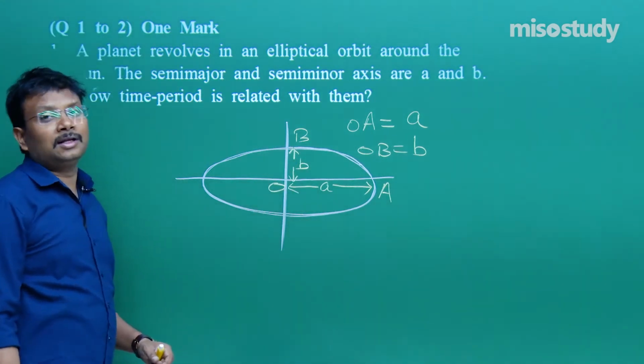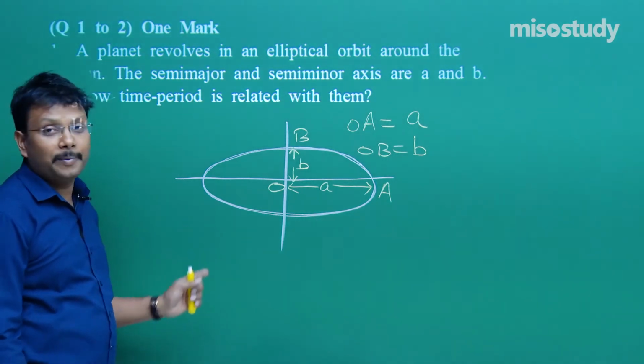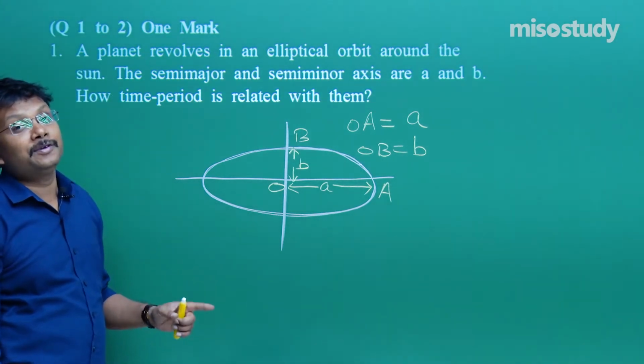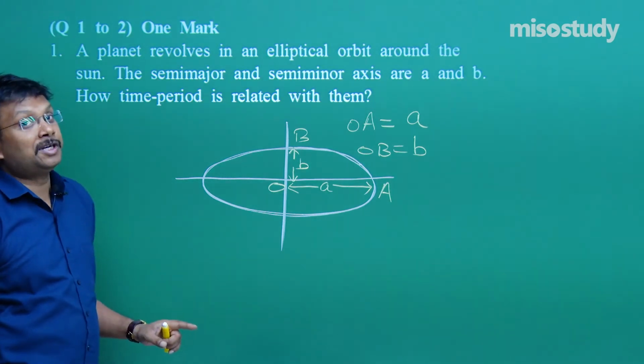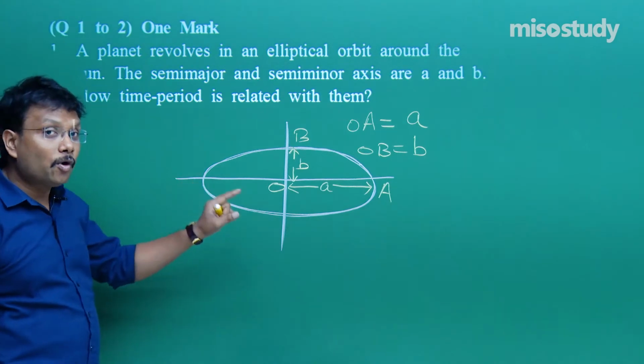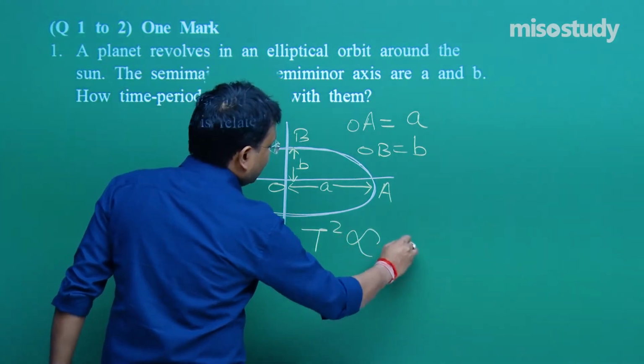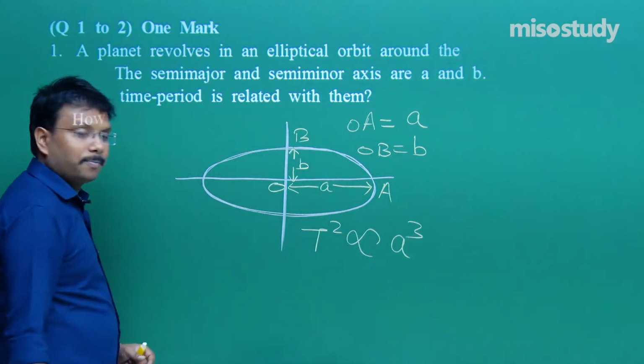And try to recall the third law. The first law was the law of orbits, the second was associated with areal velocity, and the third is associated with time period. So, as per that law, you can write down T square is directly proportional to A cube.